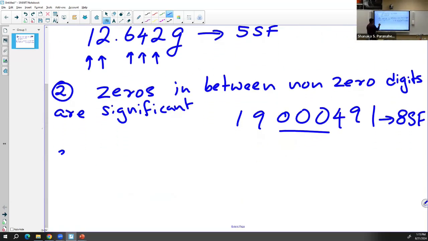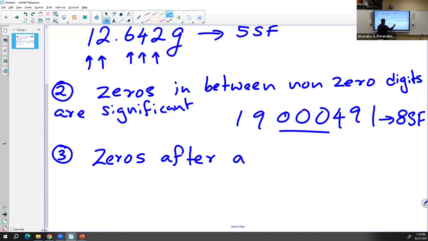Third one: zeros after a number are significant with the decimal.